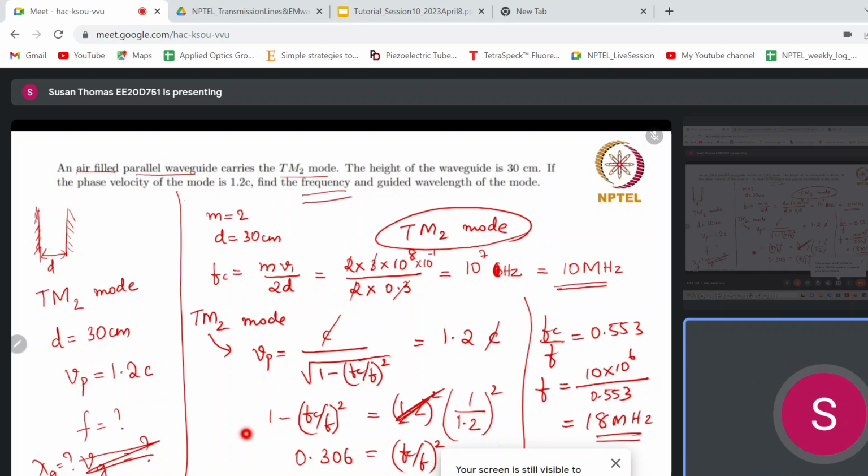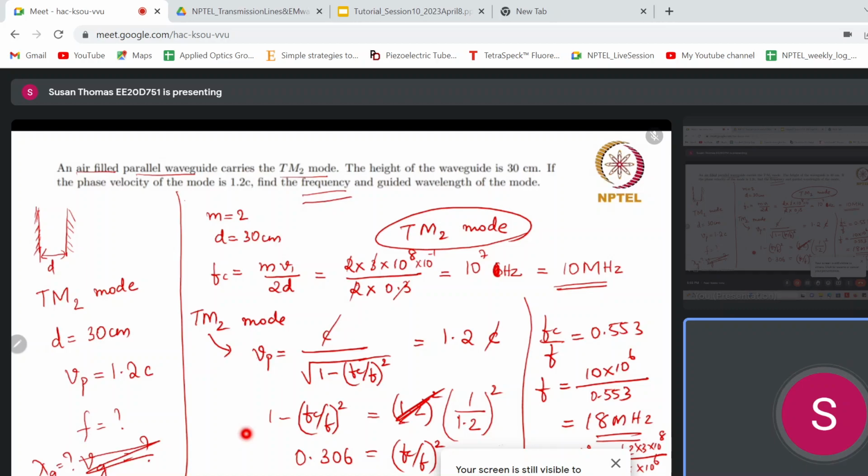And how do you calculate lambda g, the guided wavelength? Lambda g is equal to Vp by F. What is Vp? Vp is 1.2 times c. So 1.2 into 3 into 10 power 8, divided by F, which is 18 megahertz, so 18 into 10 power 6.